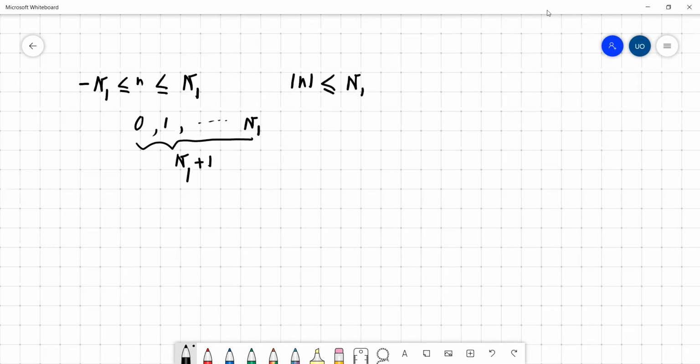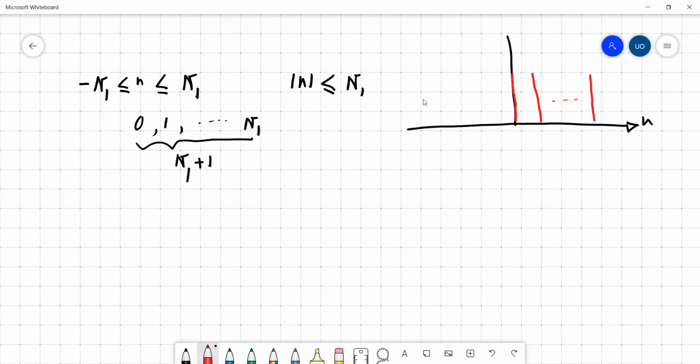No, this is not a time delay. We have a finite sequence like this: 1, 2 up to capital N1, and similarly minus 1, minus 2 up to minus N1.